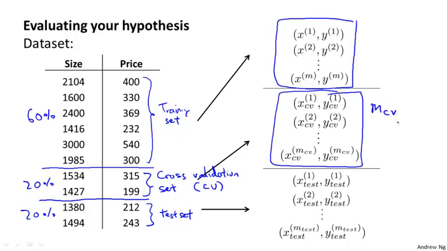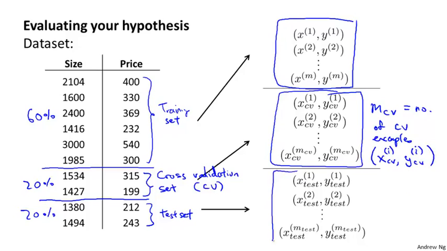I'm going to denote that m subscript CV, so that's the number of cross-validation examples. Following our earlier notational convention, I'm going to use x_i^(CV), y_i^(CV) to denote the ith cross-validation example. And finally, we also have a test set over here with m subscript test being the number of test examples.